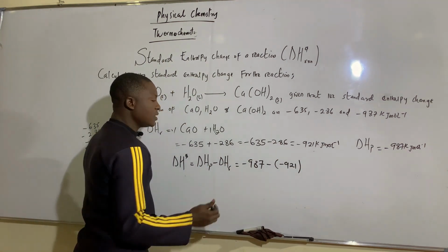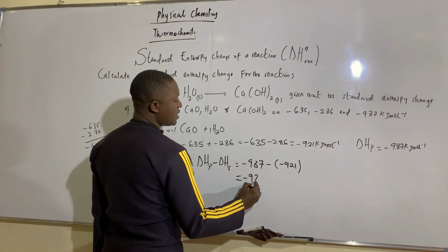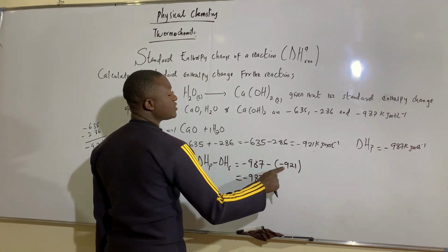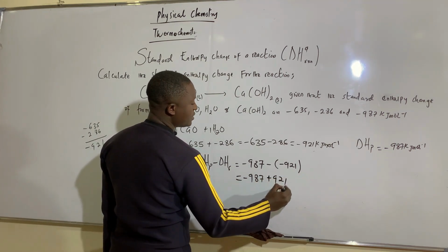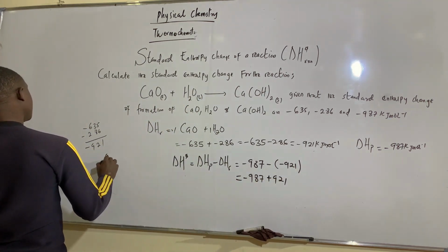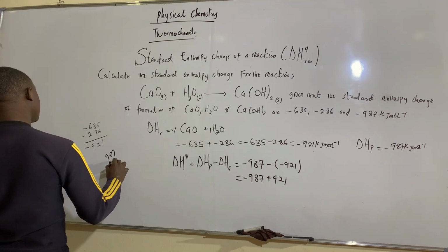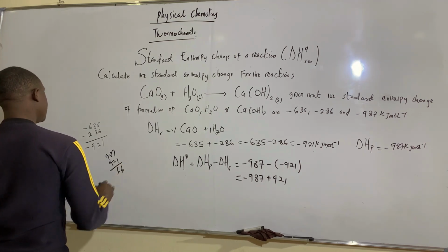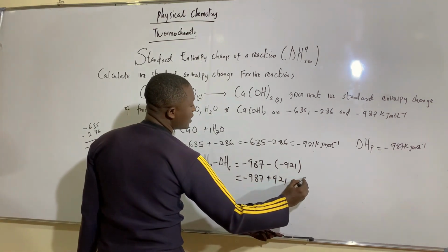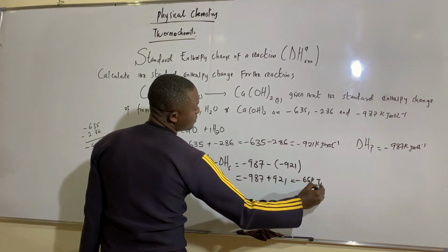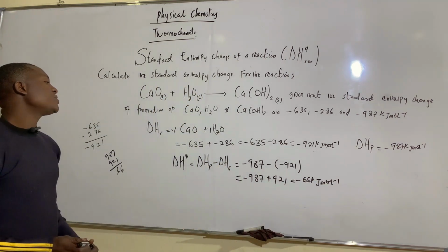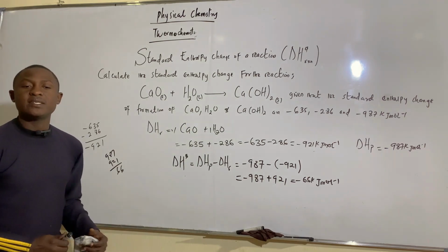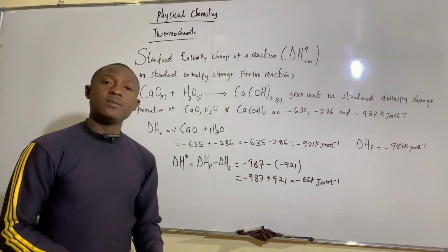So minus times minus, we are going to have plus 921. So 987 minus 921, if I do that, I think we are going to have minus 66 kilojoule per mole. Can you see that? So that's all about the standard enthalpy change. There's another one. Let me add that one.